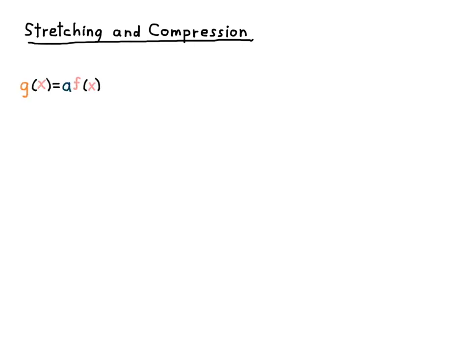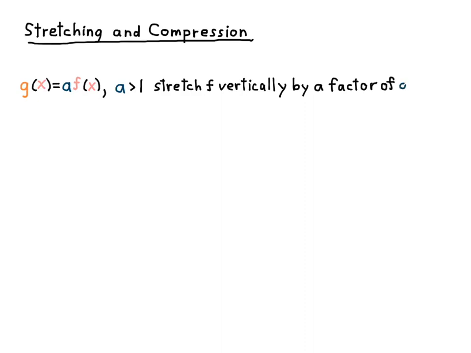In addition to reflection and translating, we can also stretch and compress the graph of our function. So g of x equals a times f of x with a greater than 1 stretches f vertically by a factor of a.